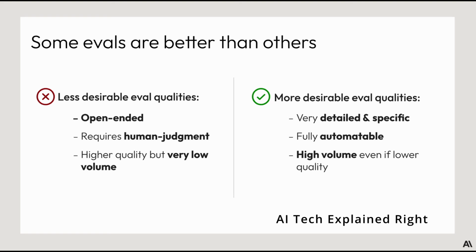In contrast, the most desirable evaluations are the ones which are very detailed and specific, with no room for subjective evaluation. When they are fully automatable, we gain speed and time, and with this we have a higher volume of evaluated examples, even if with a little bit lower quality.